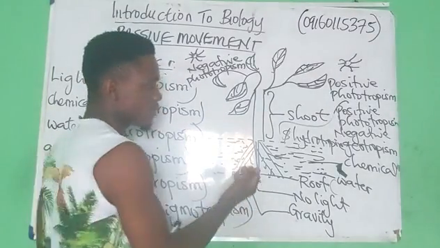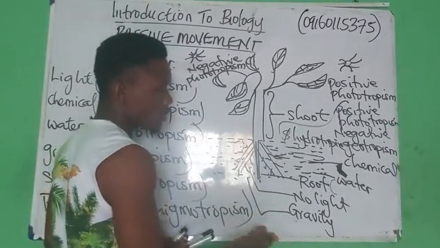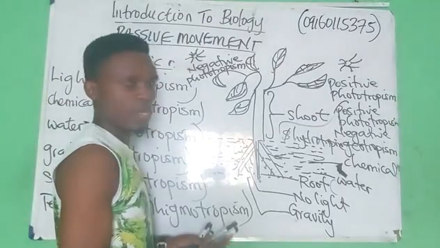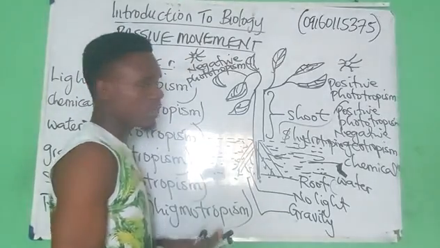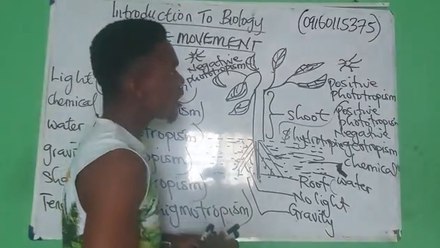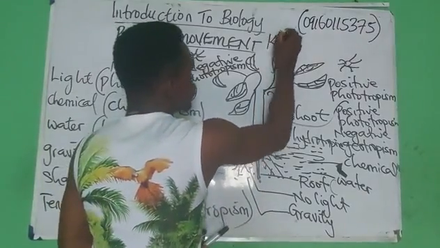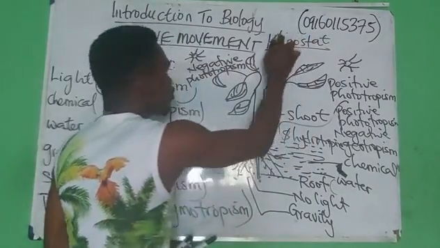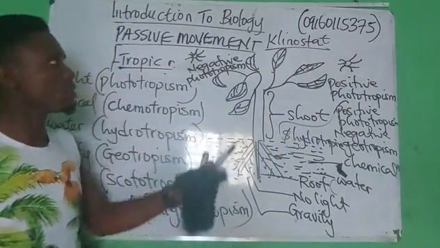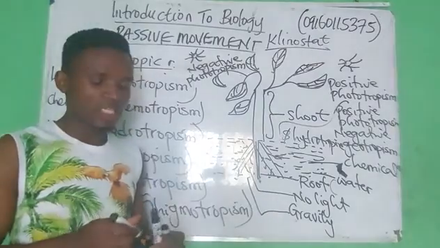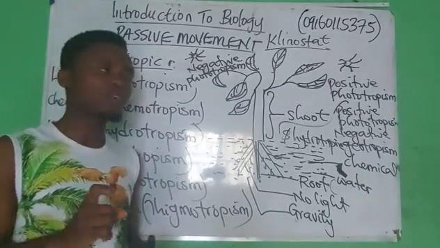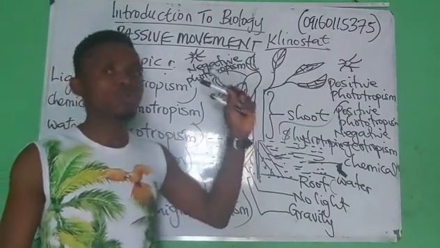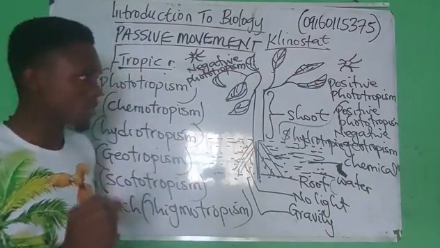So they bend towards chemical, so you call that positive chemotropism. Now please, the instrument used to measure response to gravity is called clinostat. Clinostat. Take note of that.